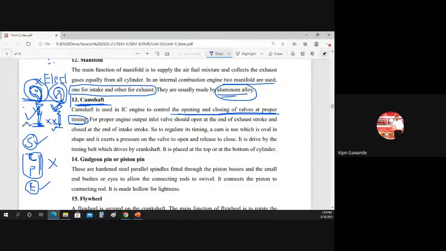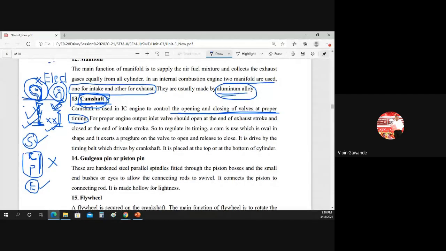During the suction stroke, they will open the inlet valve, and during the exhaust stroke, they will open the exhaust valve. So in these new modern cars, they have removed the camshaft now, and they are now using only the electrical systems.